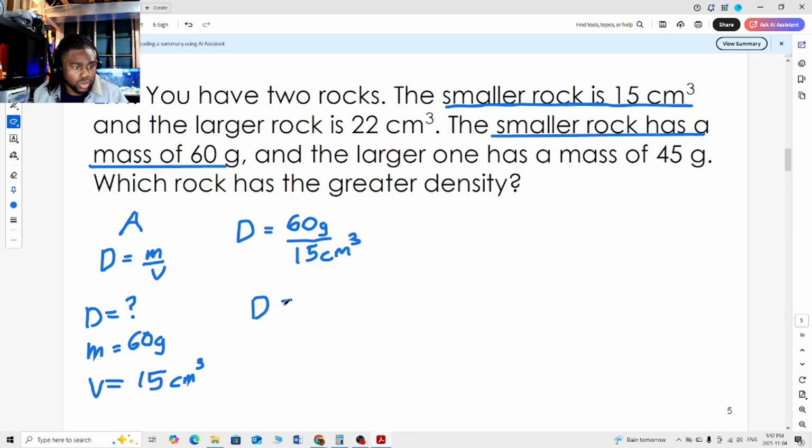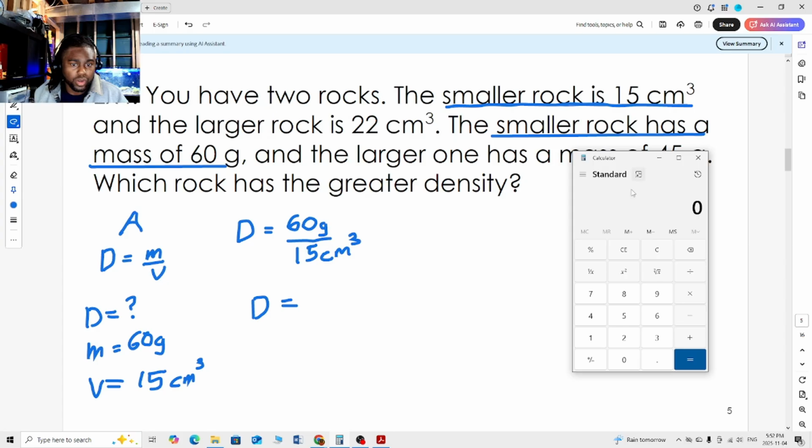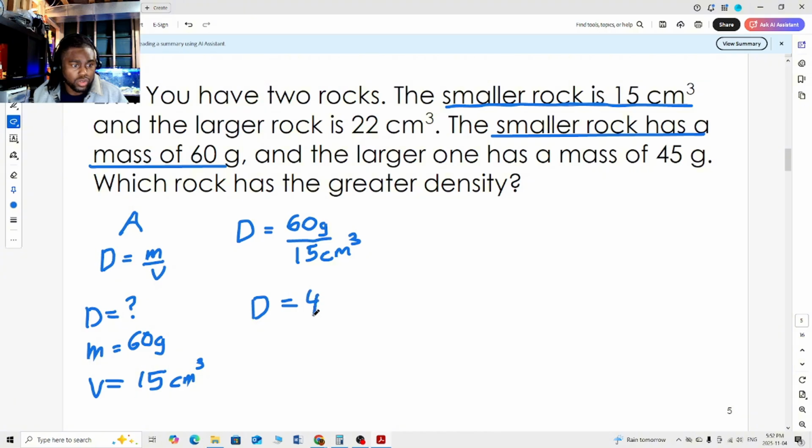Density is equal to, get your calculator if you need to. Here you go, 60 divided by 15, which is 4. So 4 grams per centimeter cubed. So this is the smaller rock.